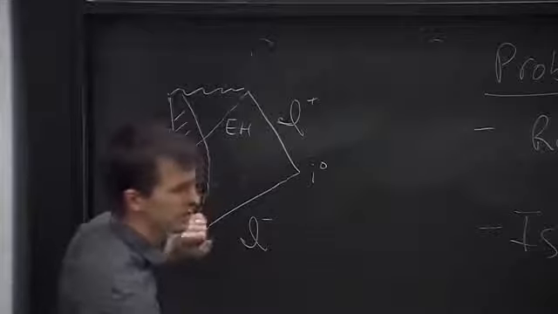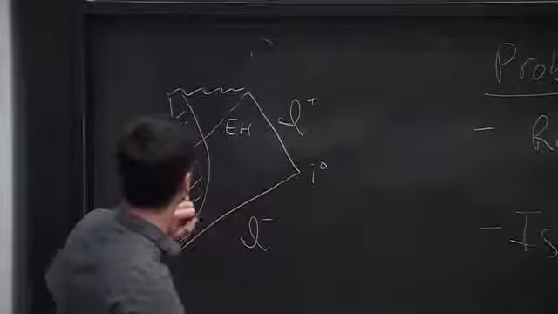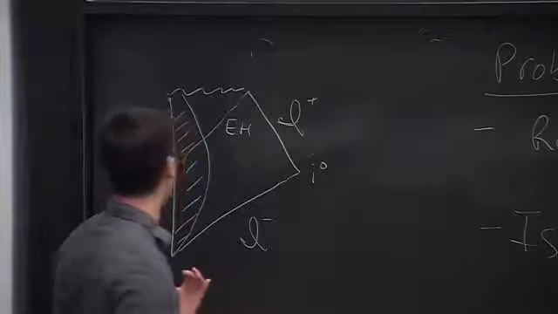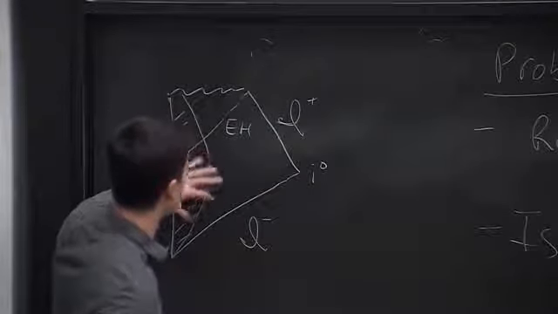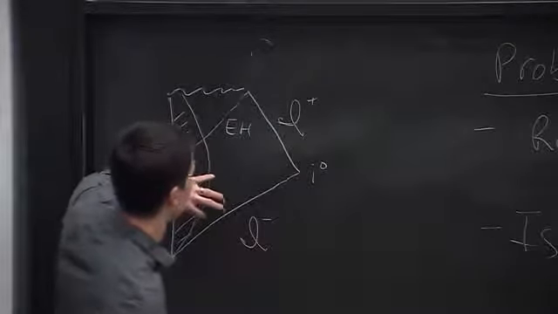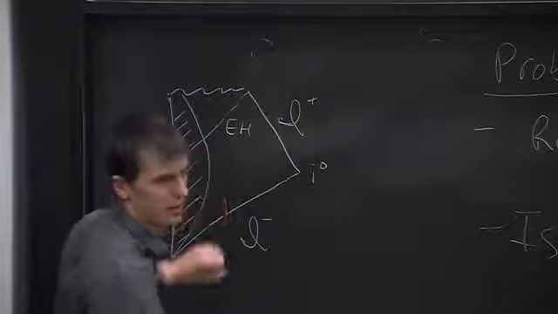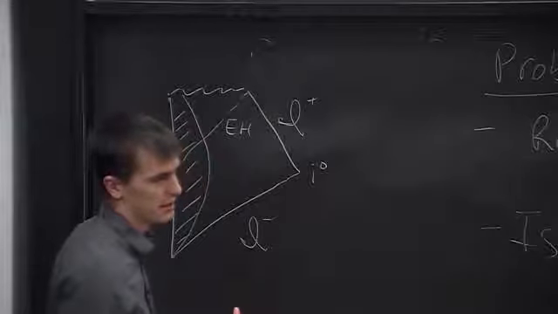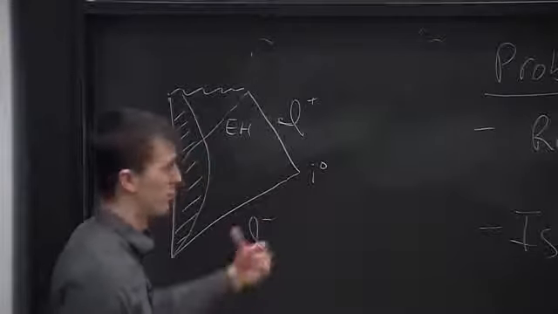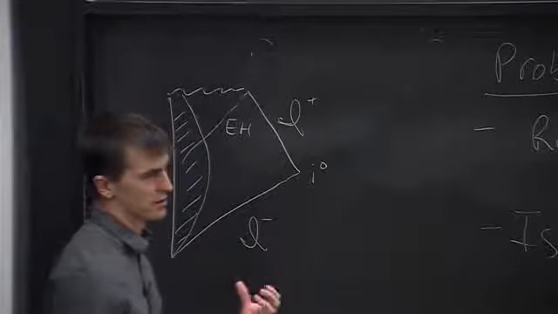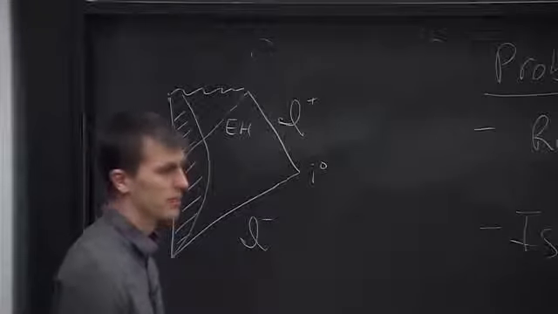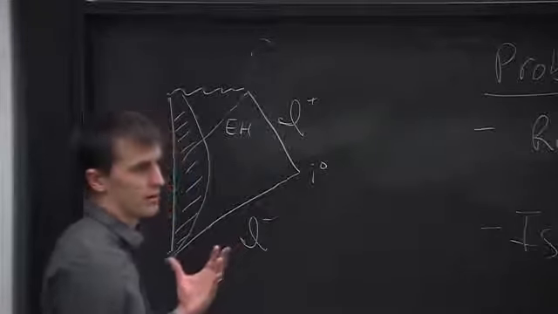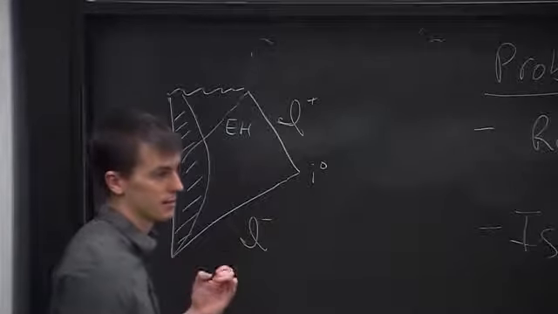So if we look at this example of a collapsing shell of matter, even before the radius at which the matter has collapsed is less than 2m times the amount of matter, you will already have started to form an event horizon at the center, right?